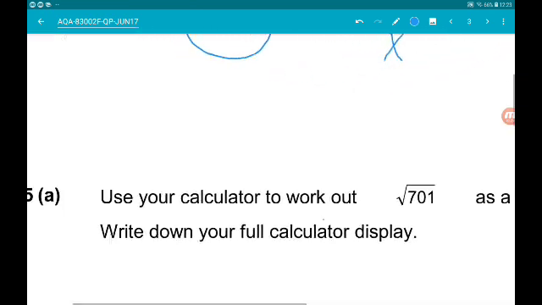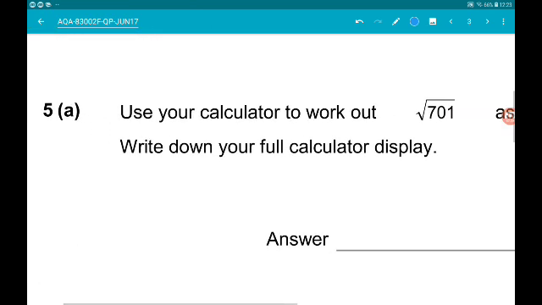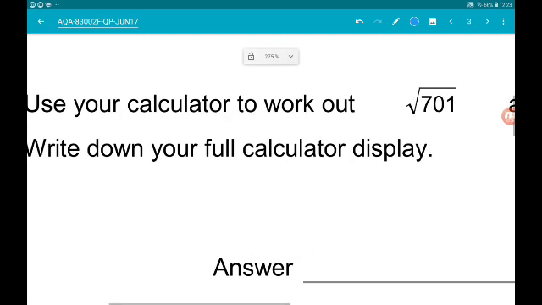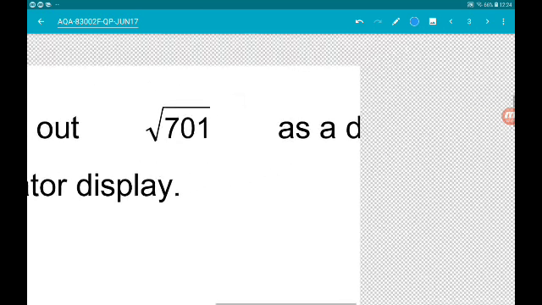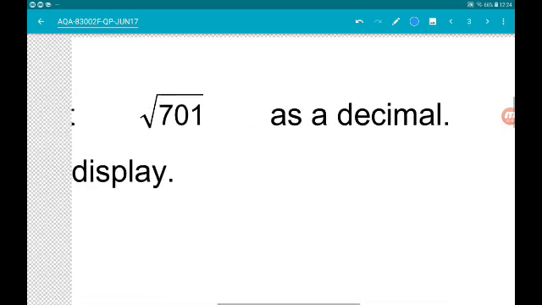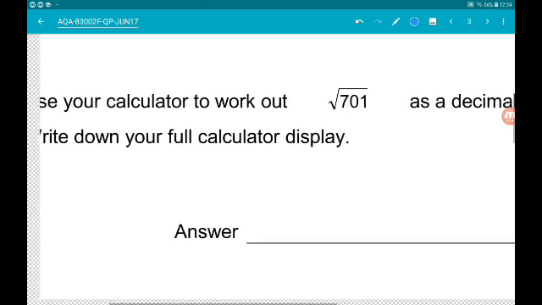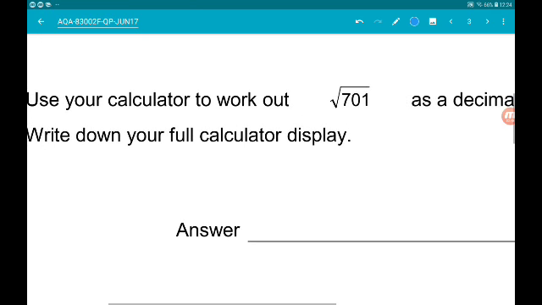Okay, number 5 wants us to use our calculator to work out the square root of 701 as a decimal. Show your full calculator display. So mine, when I put in root 701 and press equals, gives me root 701.